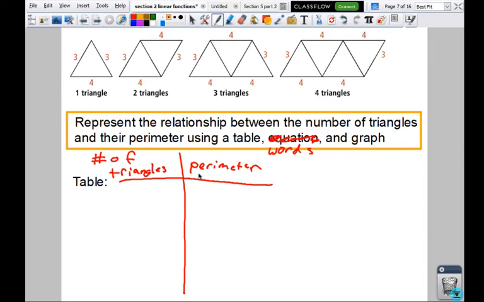This one is actually kind of nice because all the numbers are there already. So I'm going to do the first one, and then you guys are going to finish this off. And then we'll come back and talk about it and go through it piece by piece. So I'm going to start off. When I have one triangle, my perimeter is the distance around: 3, 7, 10. My perimeter is 10.